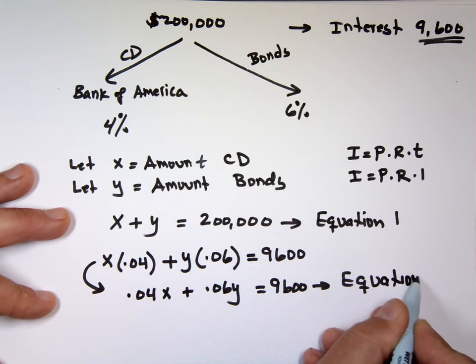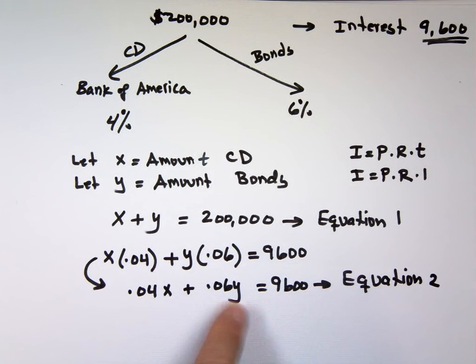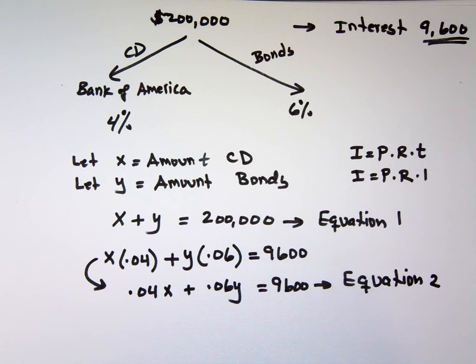We have two equations by two unknowns. I should be able to solve them. Now the question is, how do we solve these? Well, we're going to show you 3 or 4 different ways of solving these equations.